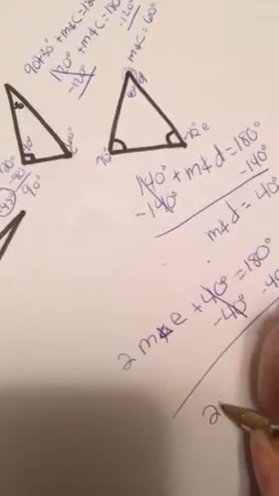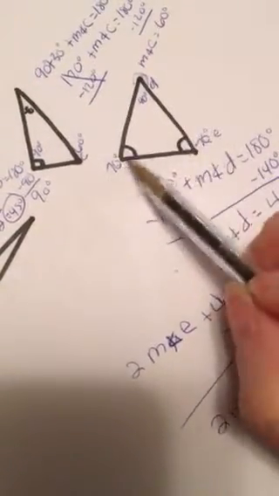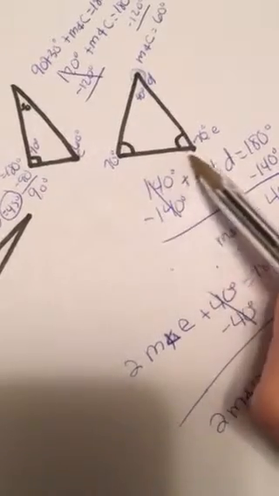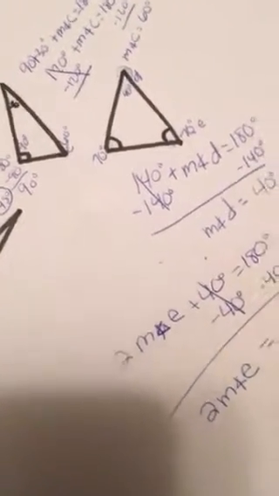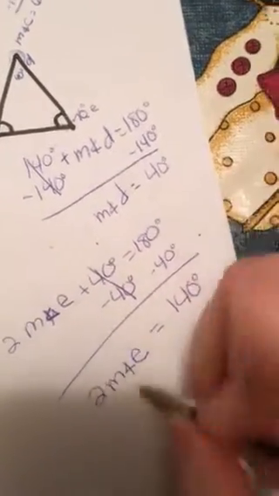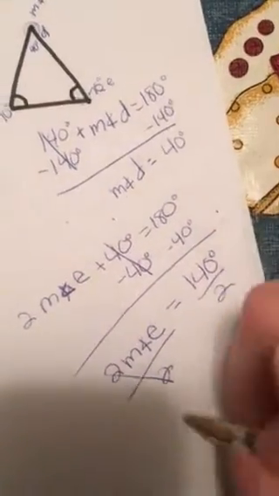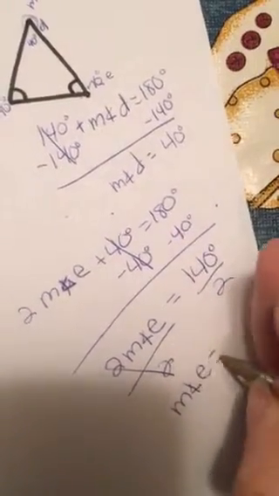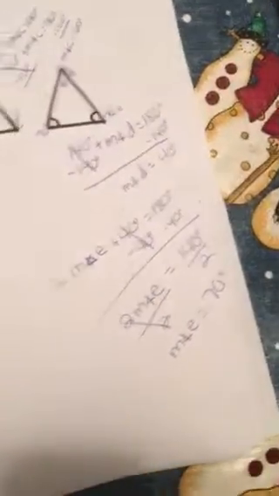Bring this down. 2 times the measure of angle E, because these are congruent, so they're equal. That's why I'm saying 2 times the measure of angle E. 180 minus 40 is 140 degrees. Divide both sides by 2. The measure of angle E equals 70 degrees. And that's exactly what we started out with. So you can do it either way.